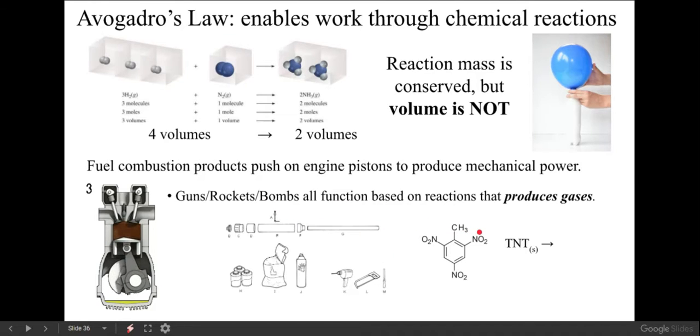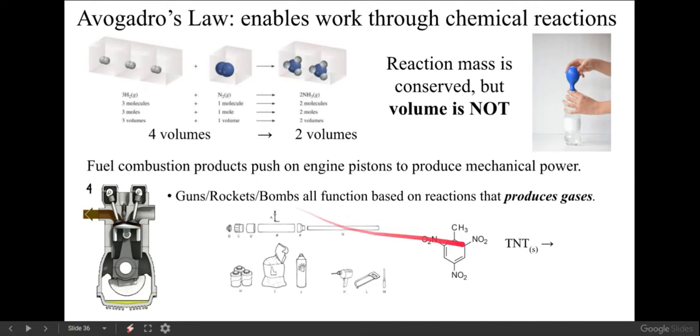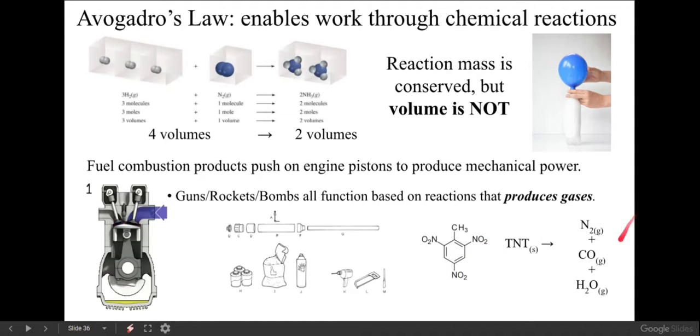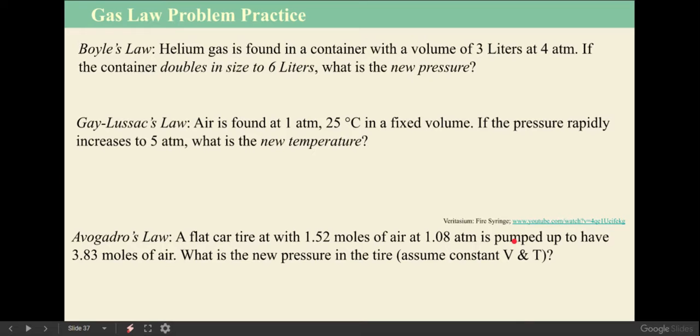If you look at most explosives like bombs, TNT, this is trinitrotoluene, a solid, but upon detonation, you end up with nitrogen gas, carbon monoxide, water vapor. So you're getting all these gases generated from something that was condensed.